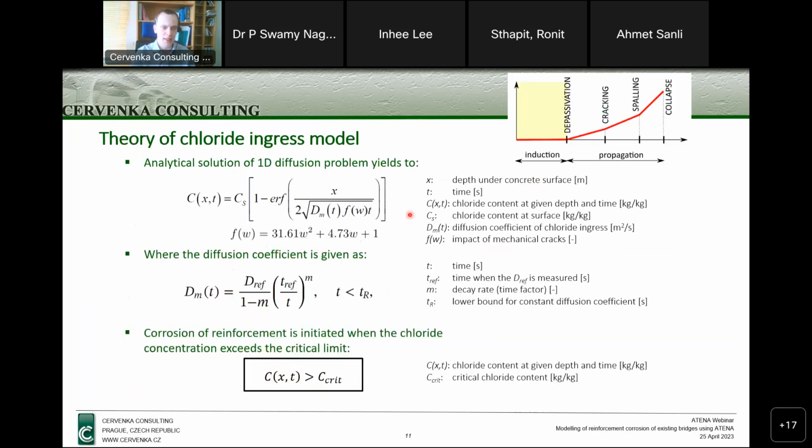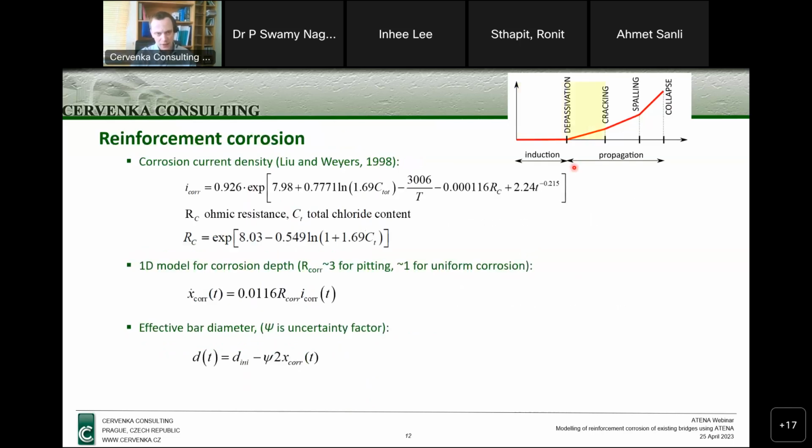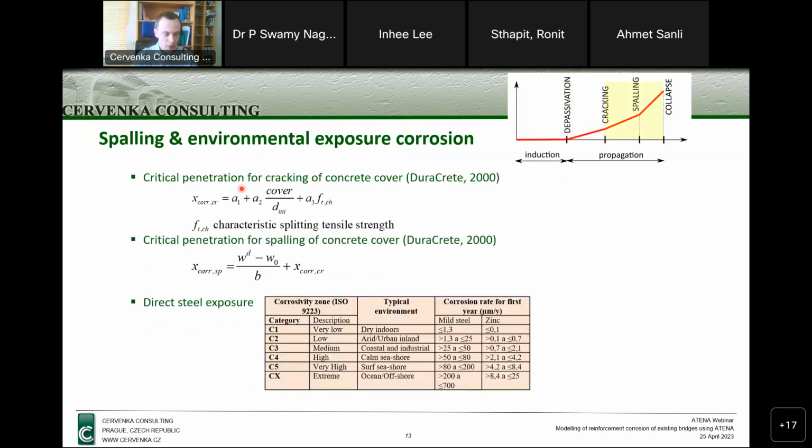So firstly, in the induction period, we calculate the diffusion problem with the time-dependent diffusion coefficient, and once the concentration of the chloride at the position of the reinforcement exceeds some critical value, we move to the propagation phase in here, and in this phase we calculate how much of the reinforcement cross-section is corroded, and after it exceeds some critical value, it means that there is a possibility of the spalling of the concrete cover, and after that we assume that the corrosion continues under direct exposure at the atmosphere.